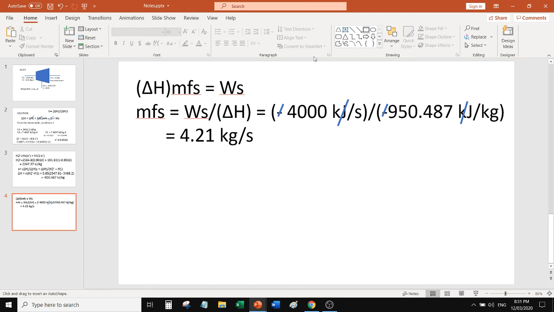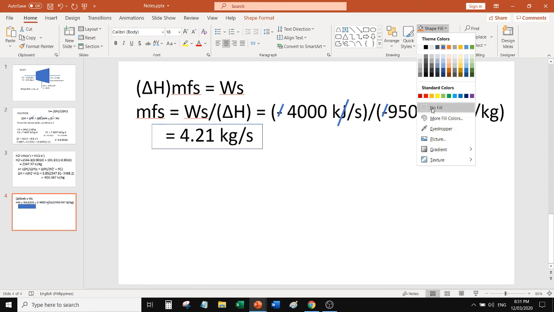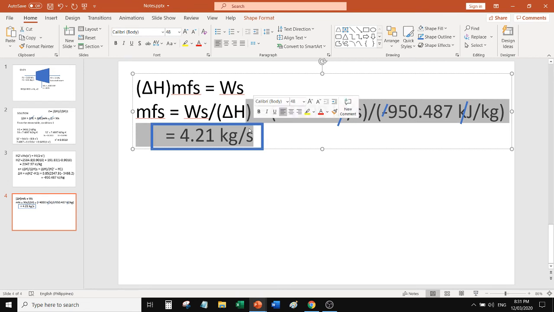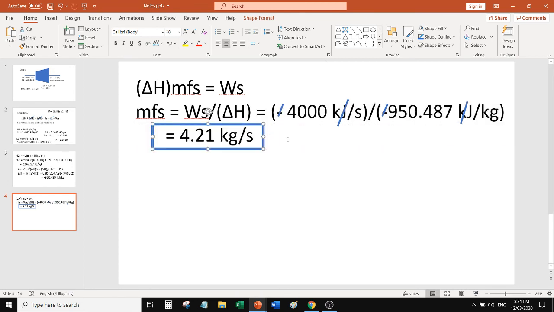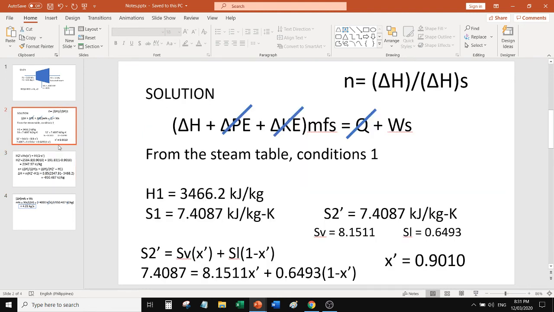So, isa na yan sa required. Tapos, ang isa pang required ay yung X2. Dito pala X2 prime yan, pero basta ganun, x prime na lang, yung x prime paglabas sa point 2 sa outlet.